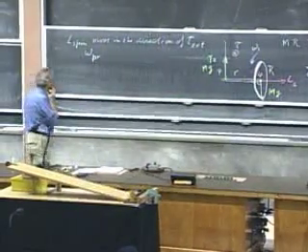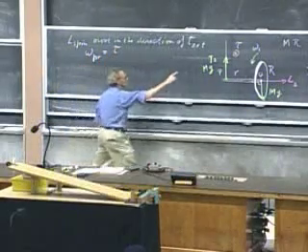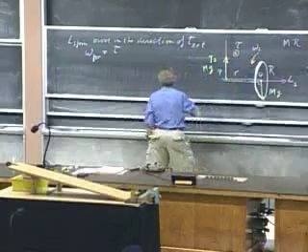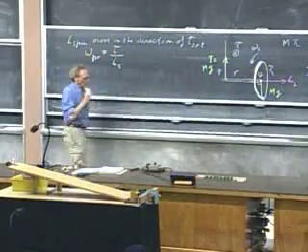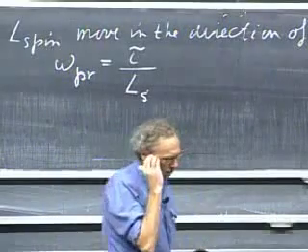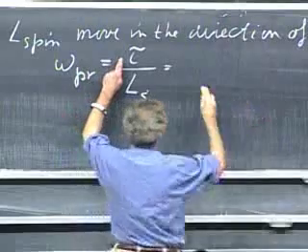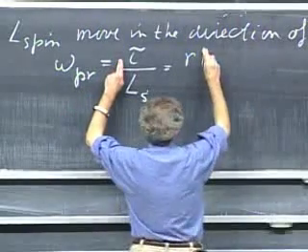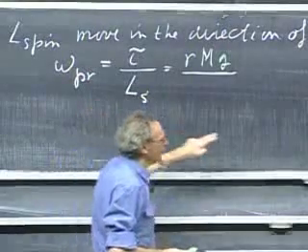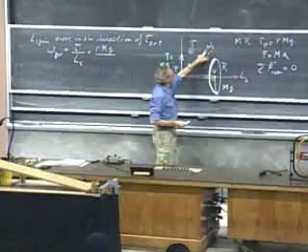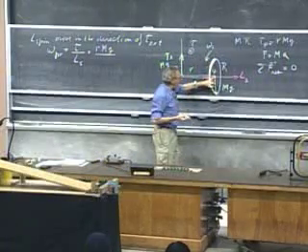Now, I will not derive it here, but what comes out of it is the torque, the one that we have here in this case, divided by the spin angular momentum. That gives you the frequency of the precession. In our case, for our bicycle wheel, it is Rmg, and the spin angular momentum of this wheel, if it is rotating with angular velocity omega of s, would be I times omega.